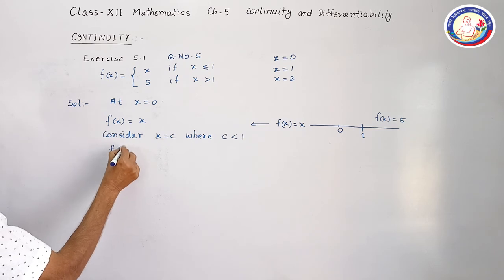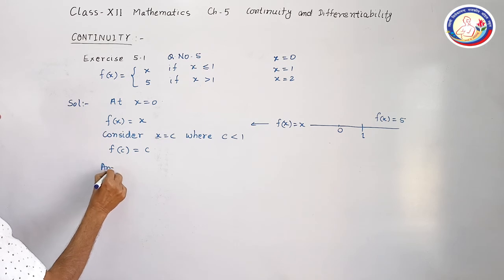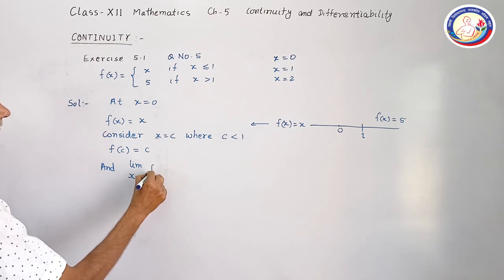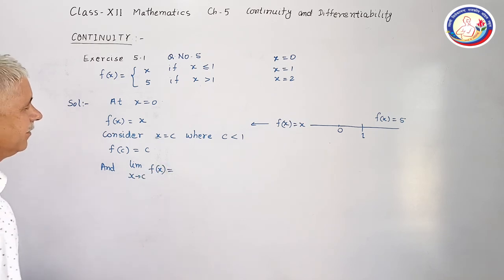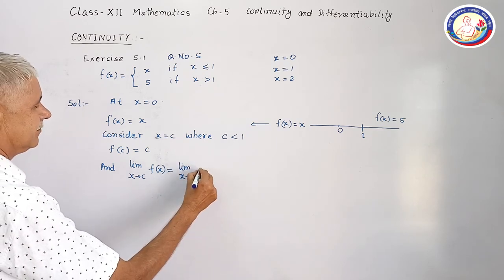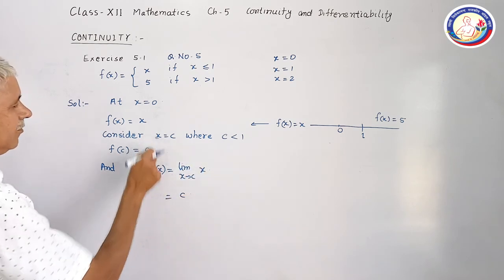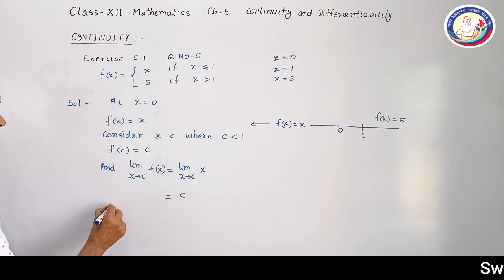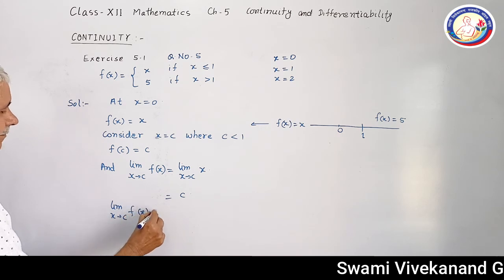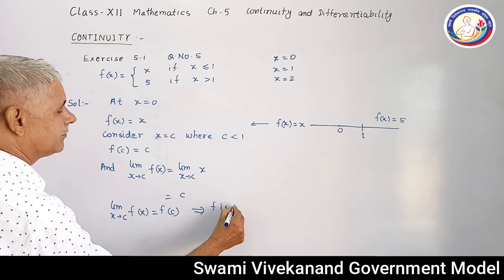Then f(C) will be equal to C. And the limit as x tends to C of the function f will be the limit as x tends to C of x, and this will give us C. Both are equal. This implies that f is continuous.